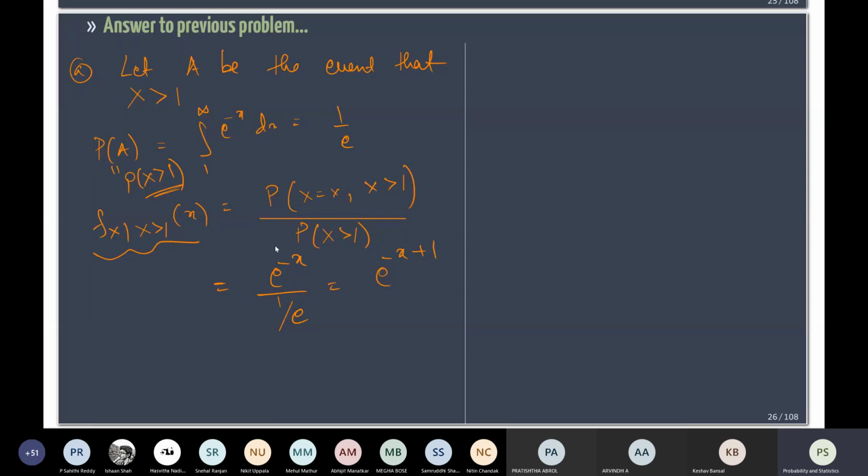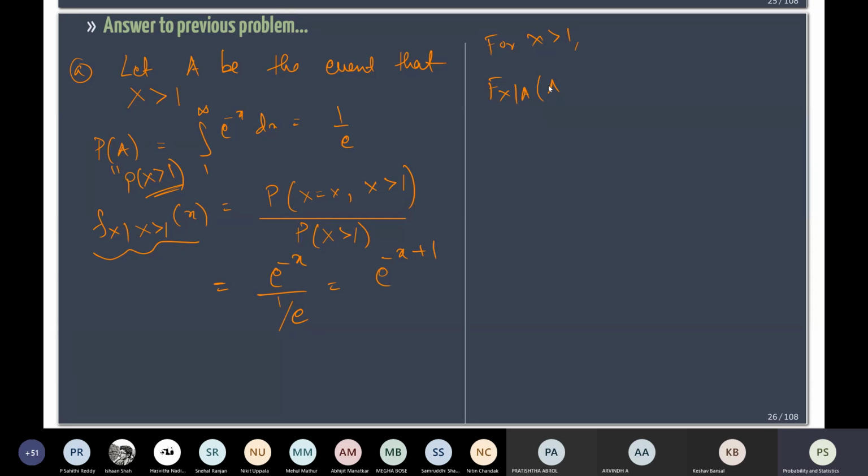And then we are supposed to find the CDF as well. So for x greater than 1, for the conditional CDF we will invoke the formula that we had before.